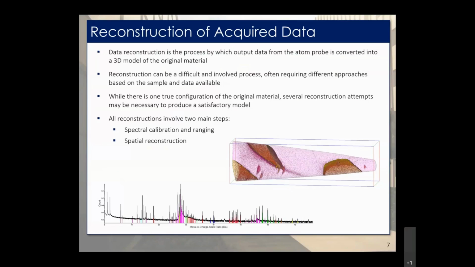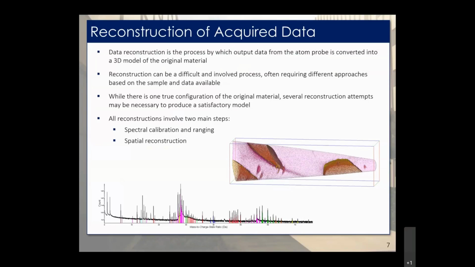Also, always keep in mind that before we evaporate the sample in the atom probe, there is one true configuration of the original material. At one point, all the atoms are locked in place, and that's what we want to get to. But we might not always be able to do that right away perfectly, especially not on the first try.